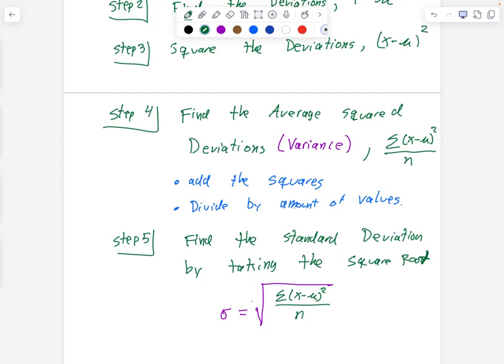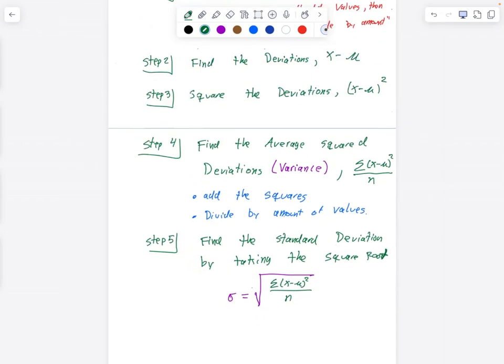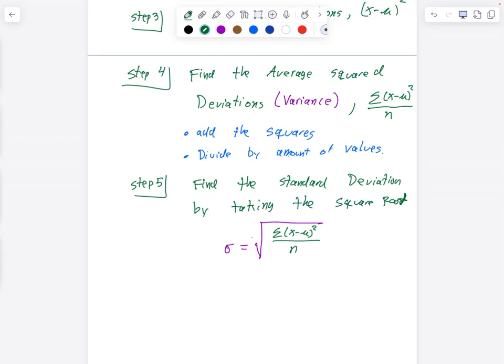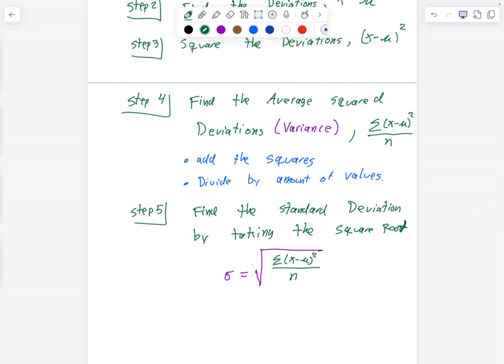So, best measures of spread. Okay? If the data is symmetrical with no outliers, what is the best measure of spread to use?